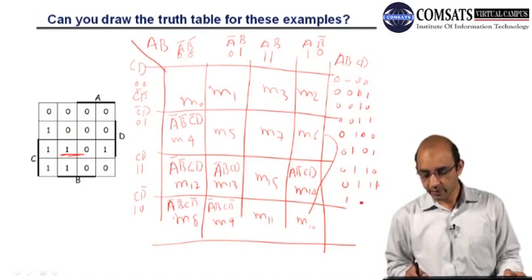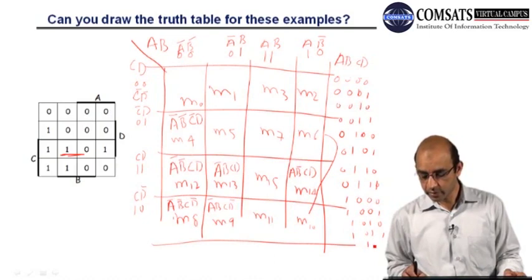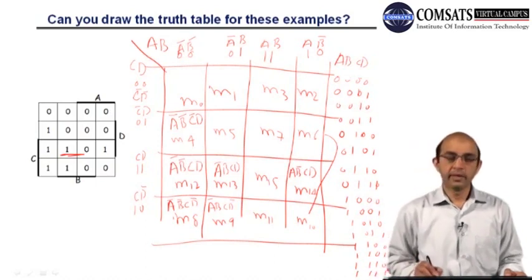Then I will have 1, 0, 0, 0, 1, 0, 0, 1, 1, 0, 1, 1. So these are the repetitions. So here I will have 1, 0, 0, 1, so 1, 0, 1, 1, 1, 1, 0, 1, 1, 1, 1.